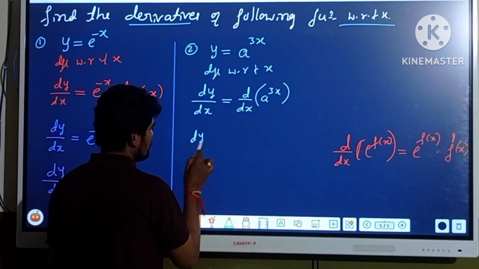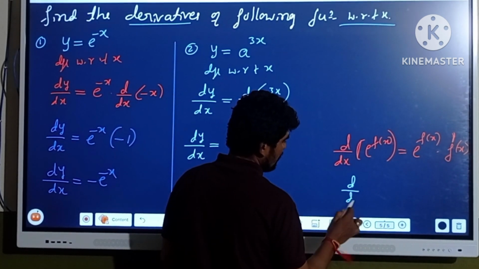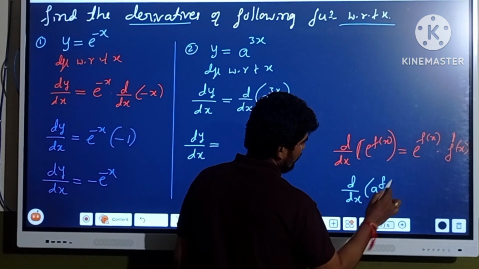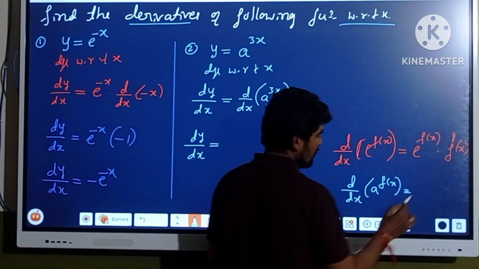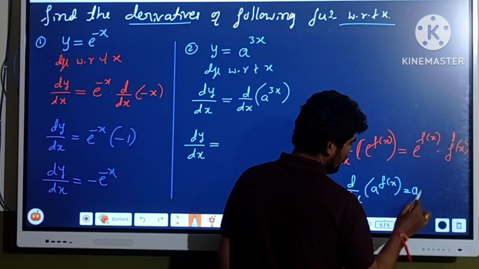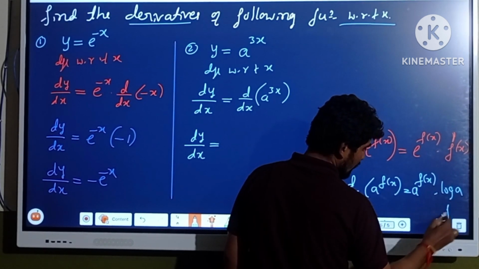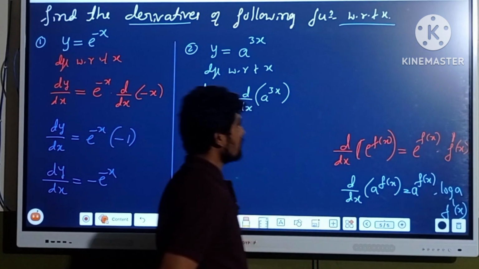So dy by dx is equal to, we know that derivative of a power f(x) is equal to what? a power f(x) into log a into derivative of f(x), that is f dash x.